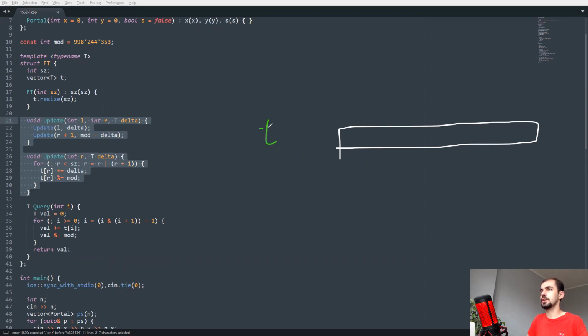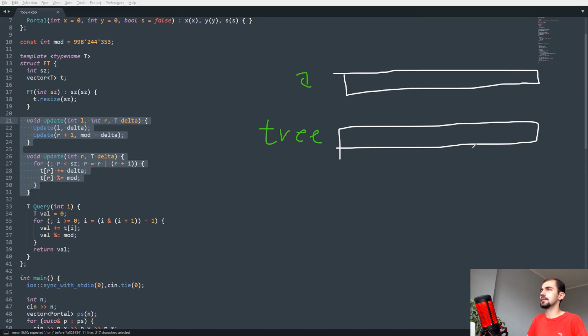This is the tree. It may be different from your original array A that you want to perform operations on. It most surely will be different. The way the tree works is that each element of tree corresponds to some subsegment of A that is uniquely determined.